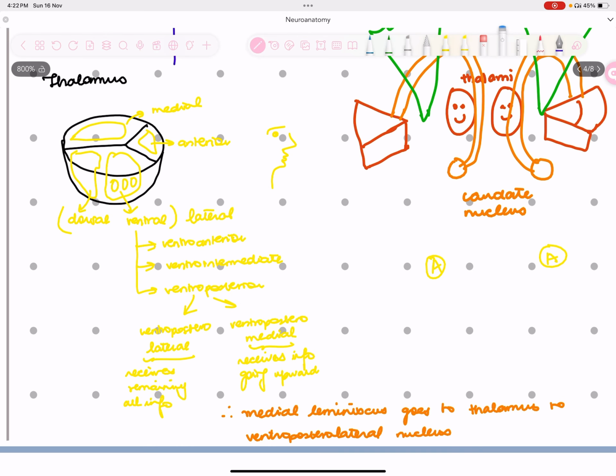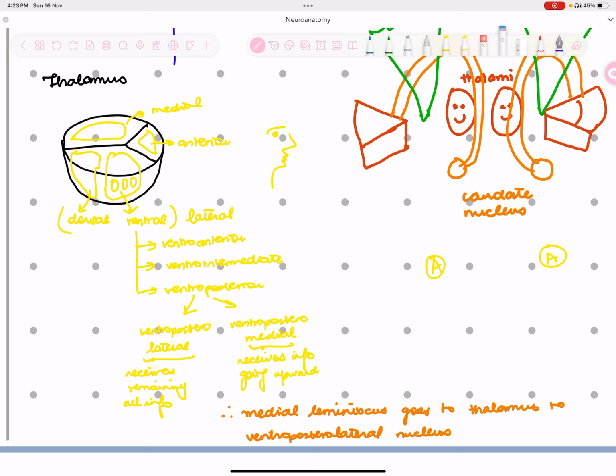Now ventro-postero-medial receives all the sensory information from the face, and what remains behind goes to ventro-postero-lateral. For example, all the information that's going upward through the ascending tracts goes to the ventro-postero-lateral nucleus of the thalamus. I know this is such a mouthful, but you need to know it.